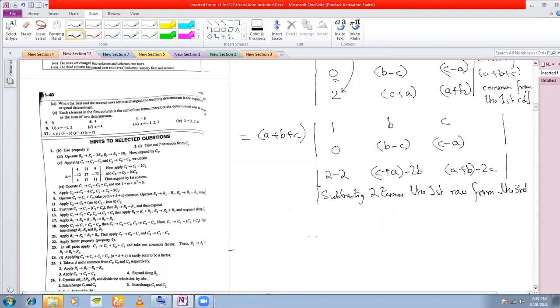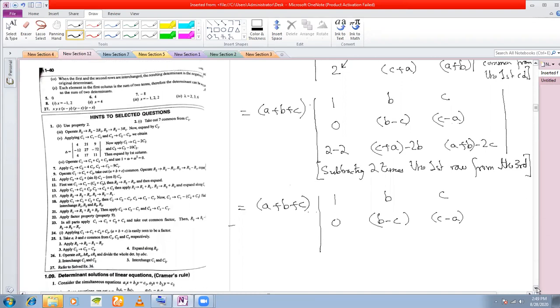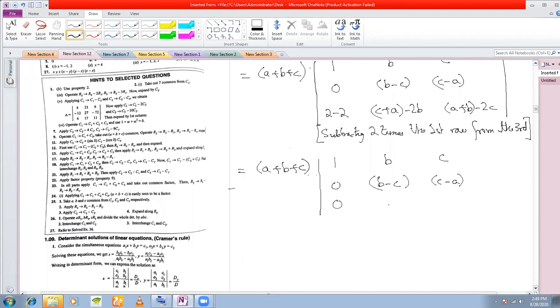So you get a plus b plus c, then 1, b, c; 0, b minus c, c minus a; this becomes 0, c plus a minus 2b, and a plus b minus 2c. Now I can expand by the first column.